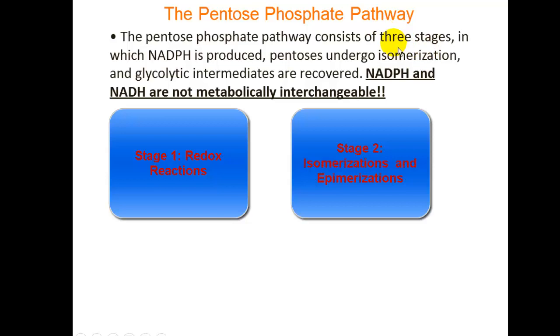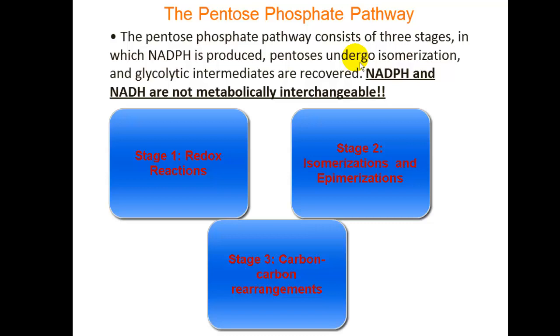The second stage of the pentose phosphate pathway is what I dub the isomerization and epimerization phase. So you either isomerize or epimerize. Remember epimers? You isomerize or epimerize the resultant molecules that are made from the oxidation, reduction, redox phase.